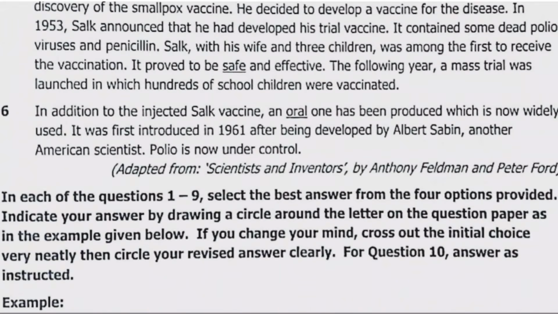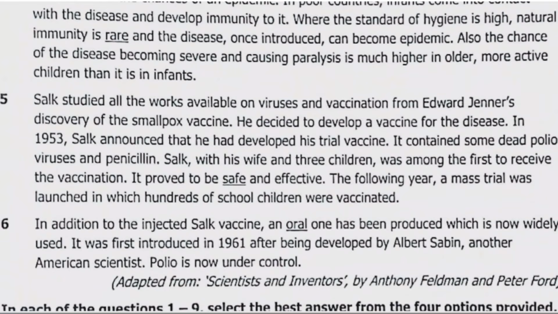Let's see when the mass trial was done. In 1953, Salk announced that he had developed his trial vaccine. It contained some deadly polio viruses and penicillin. Salk, with his wife and 3 children, was among the first to receive the vaccination. That is in 1953. It proved to be safe and effective.